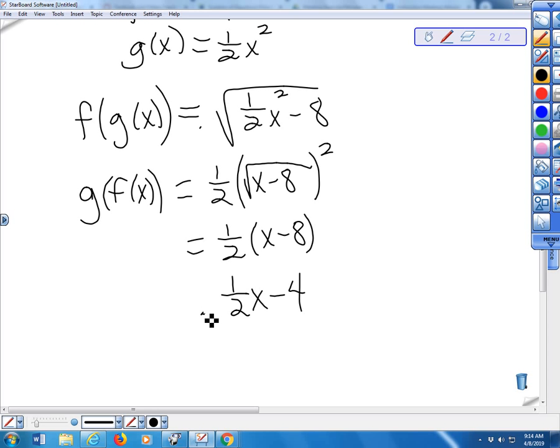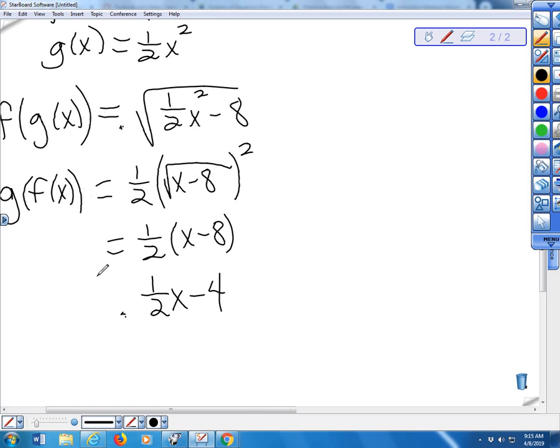Now what I want you to do on this one is tell me its domain, for the f of g of x. What would I do to find it? What can't it be? The function under the radical can't be negative. So I'm going to figure out where it's equal to 0, and then whatever that number is, it's going to be less than that number, because anything less than 0 is negative.